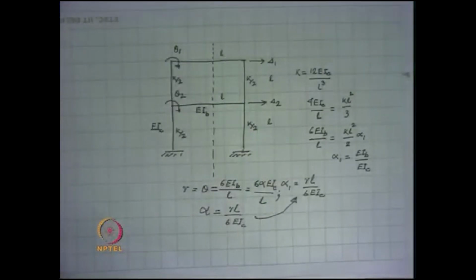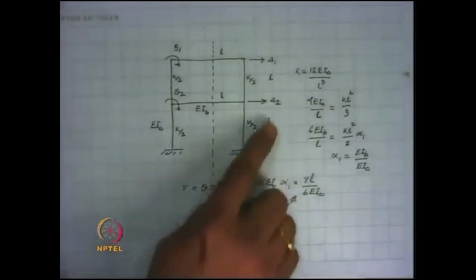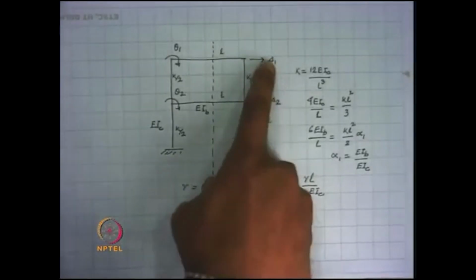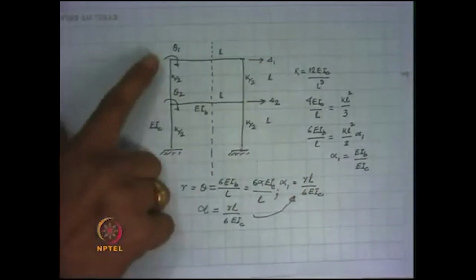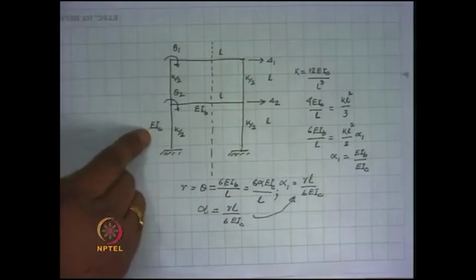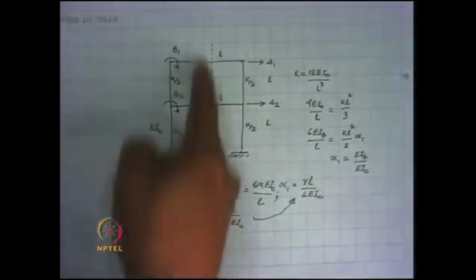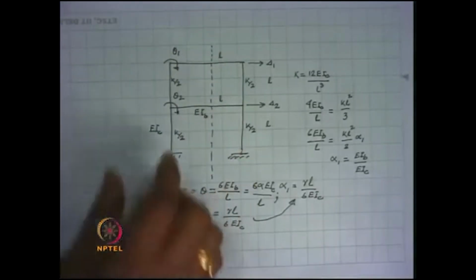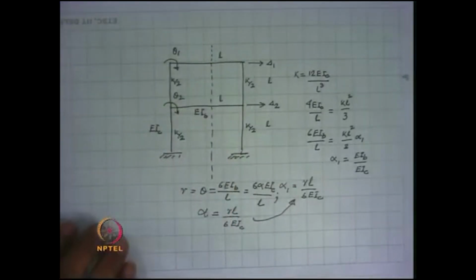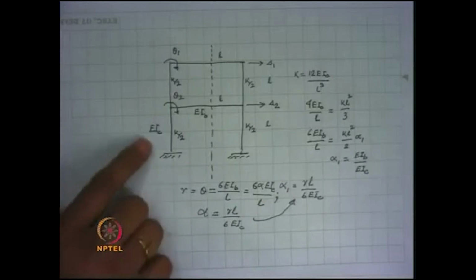As a result, we consider only delta 1 and delta 2, the two sway displacements, and out of the 4 rotations we take only 2 rotations as unknown, and we take the line of symmetry over here, and while calculating the stiffness matrix we take help of the antisymmetric case.